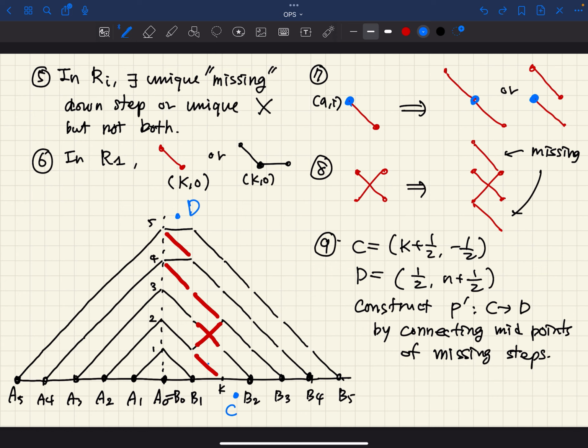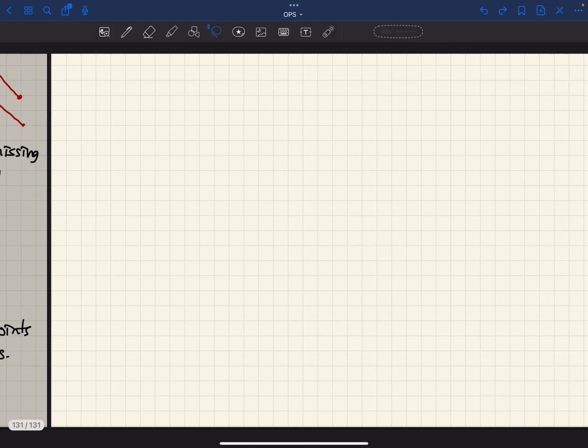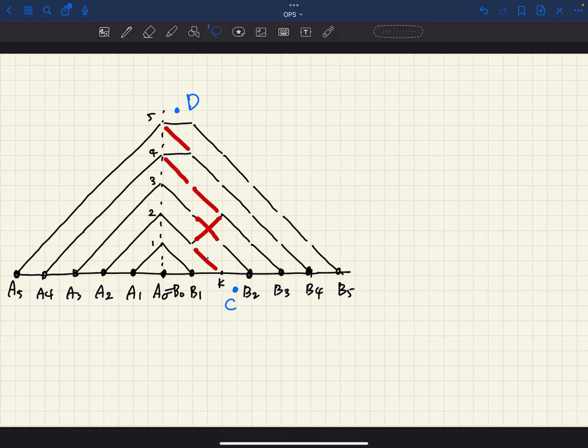maybe I can just draw this one more time so that you can see them separate. Actually, the idea is not difficult. So these are the missing steps. Let me put dots in the midpoints of the missing steps, but not this one.